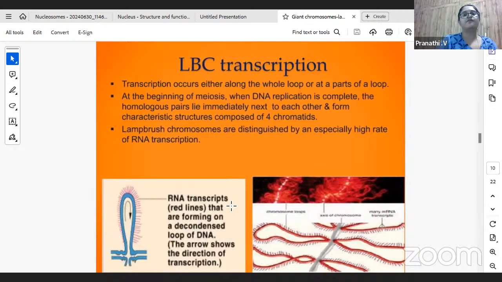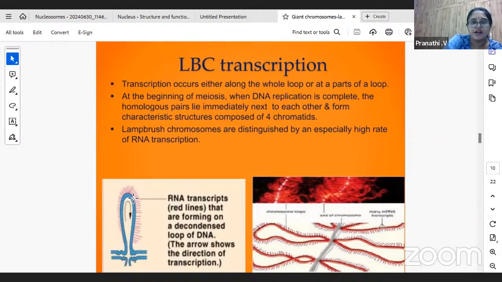Transcription of these lampbrush chromosomes occurs along the whole loop or parts of the loop. At the beginning of meiosis, DNA replication is complete. Homologous pairs are present next to each other, made up of 4 chromatids. They are distinguished especially because they have a high rate of RNA transcription.